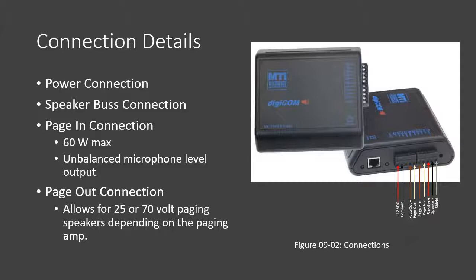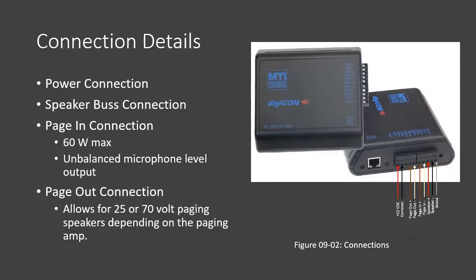A couple of things to note with respect to your paging. It does have a 60 watt maximum connection for paging speakers, and it does require that you connect via unbalanced microphone level output and input. Most of these paging speakers or paging amplifiers provide that, and we encourage you to use that.